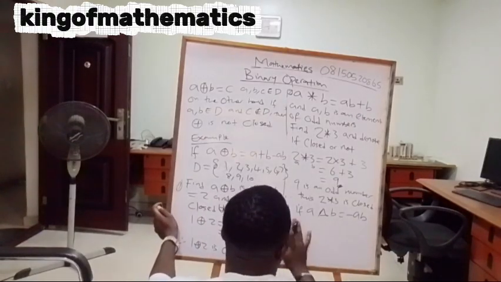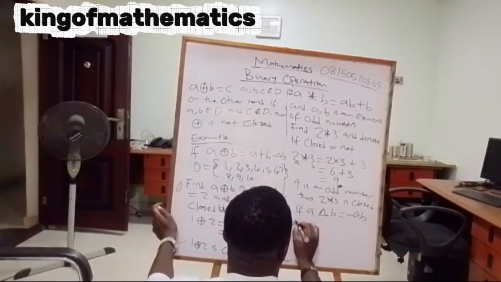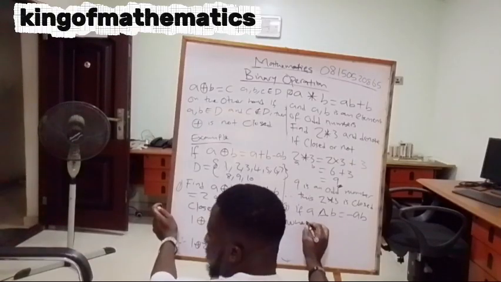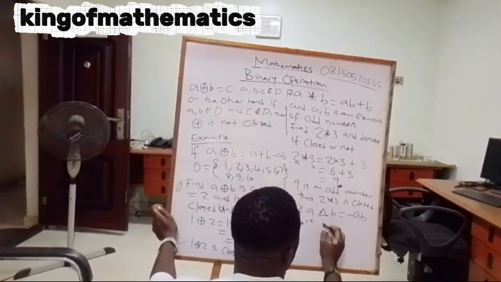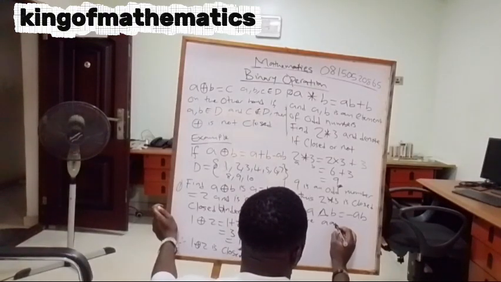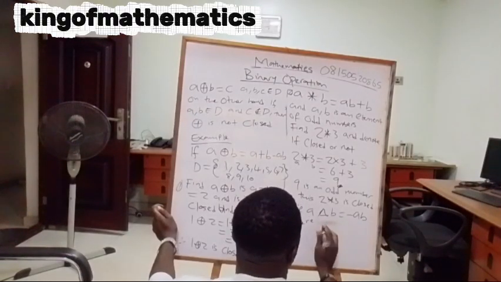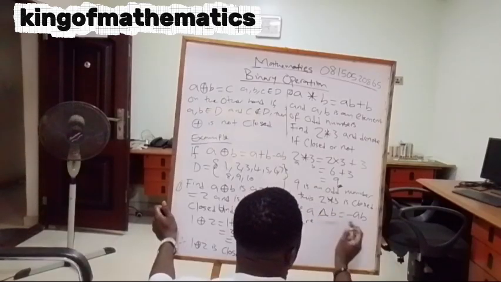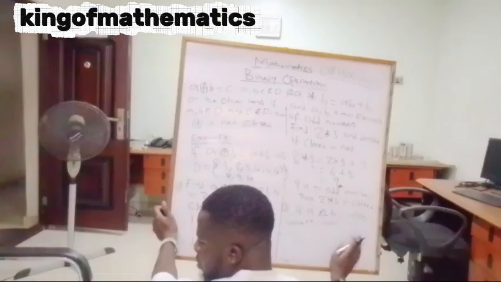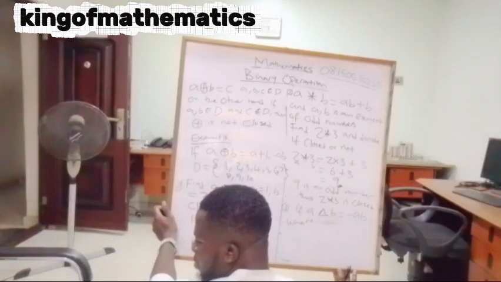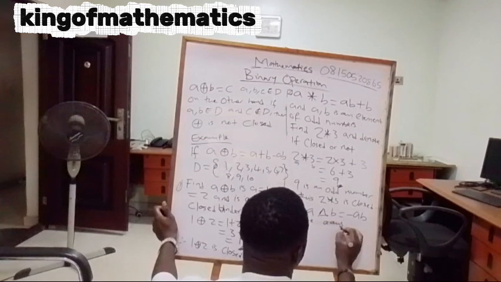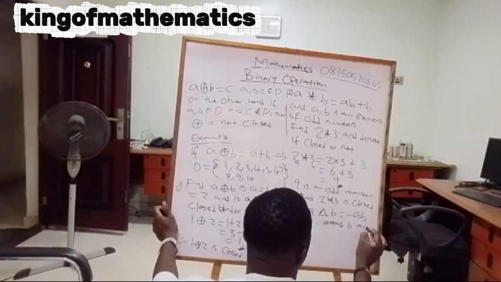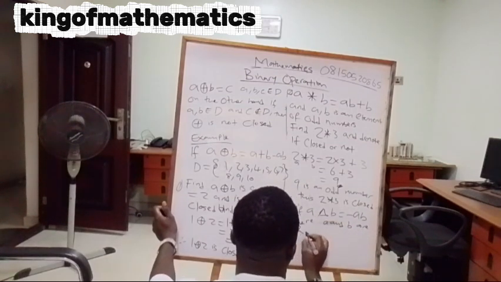Is equal to minus root AB, where A and B are real numbers.